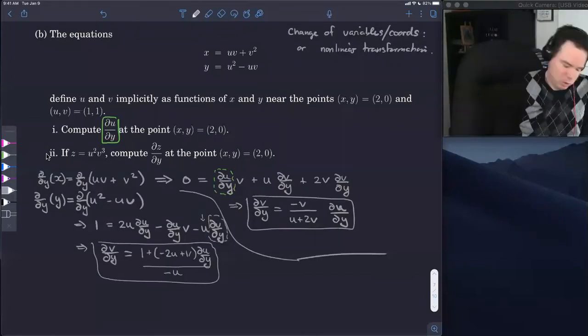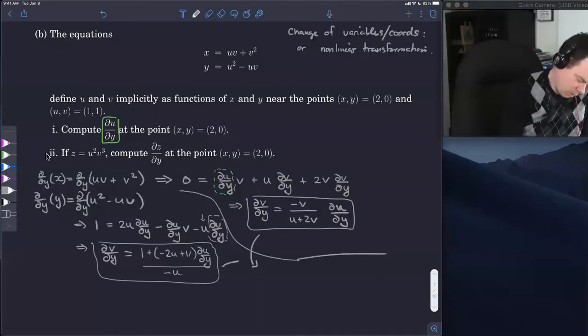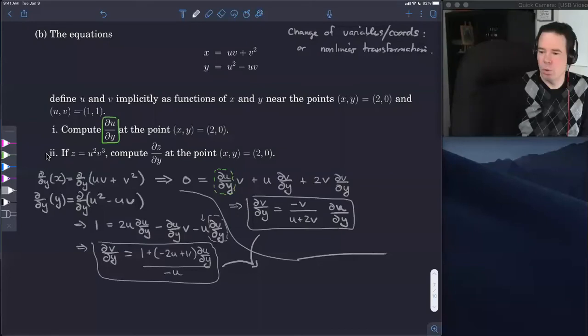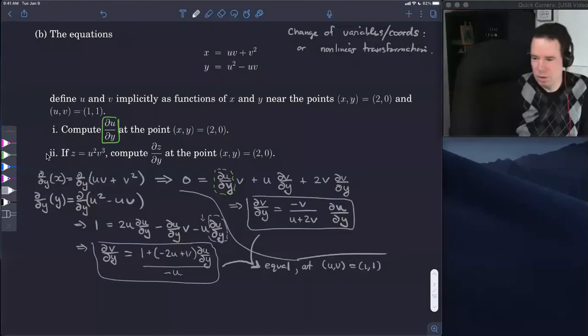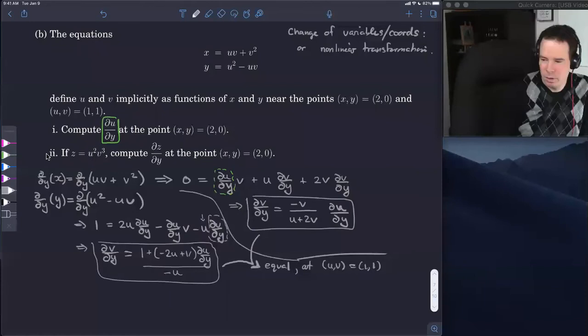And so now I've got these two expressions, and they're equal to each other because they both equal dv dy. In particular, they're equal at the point u, v equals 1, 1.